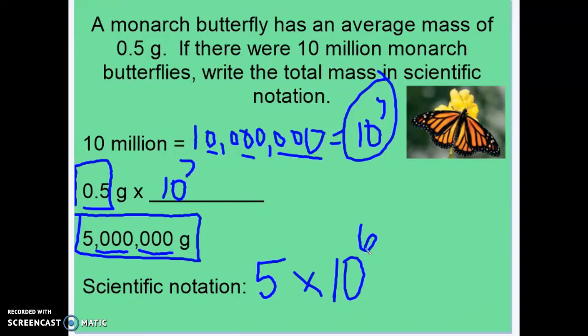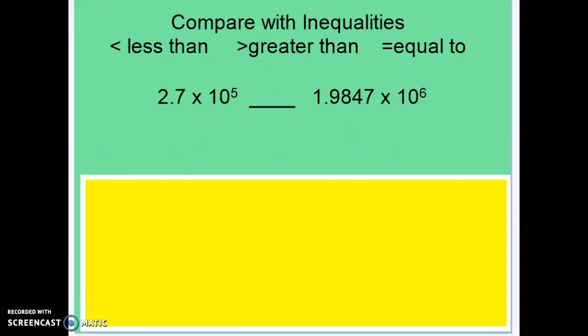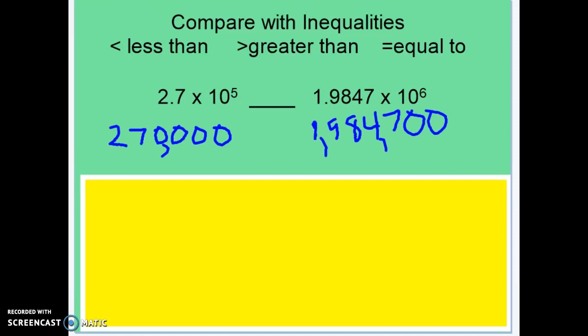Now where this can get really tricky is if you're comparing two different inequalities. So if we're comparing two different inequalities, the first thing we need to do is ask ourselves, what does this number look like? So when we write both of those numbers in standard form as a large number, even though 2.7 is bigger than 1.97, you have to pay attention to what it's being multiplied by.